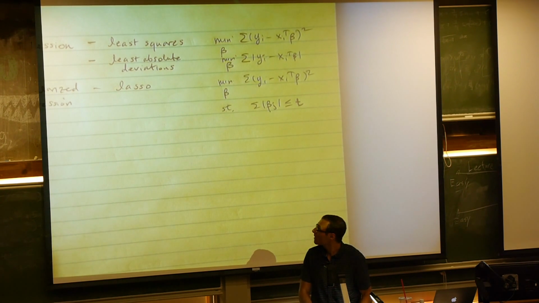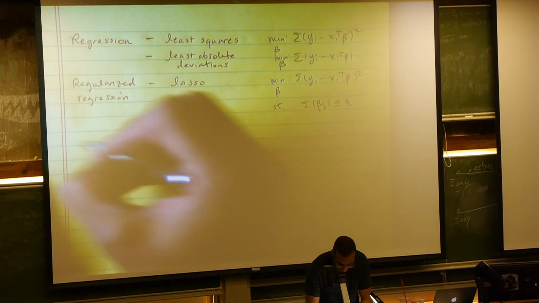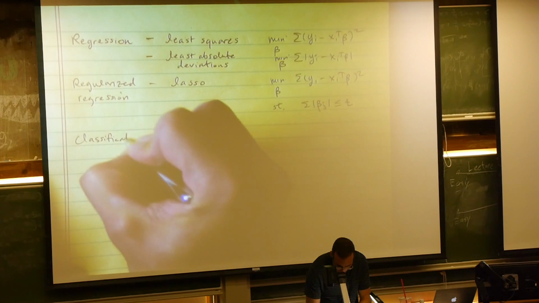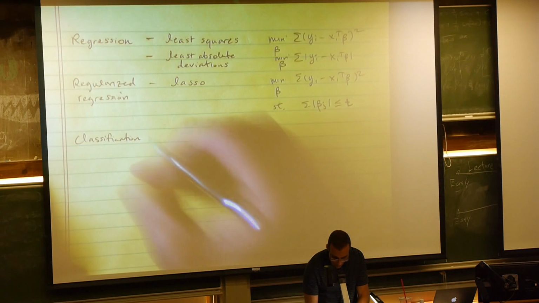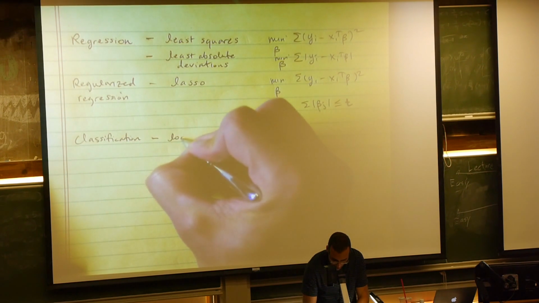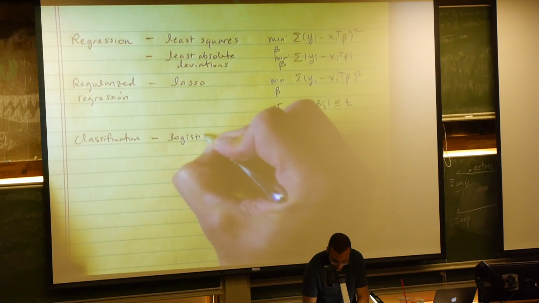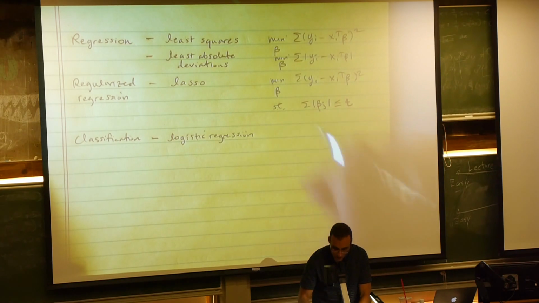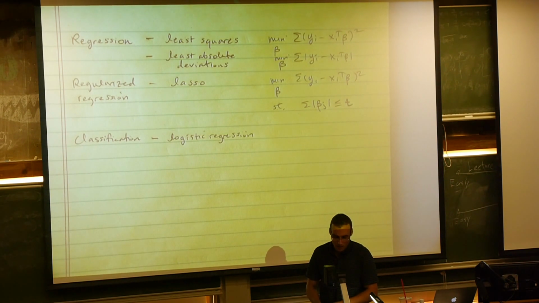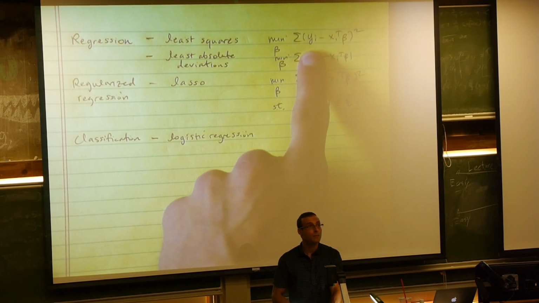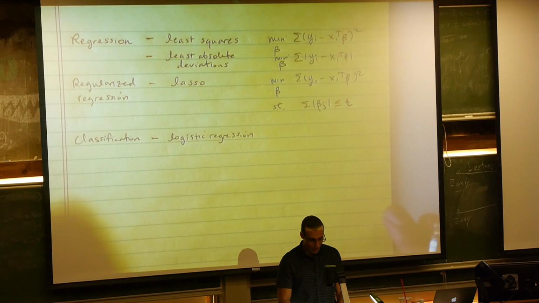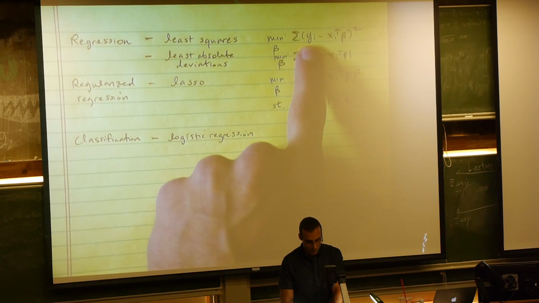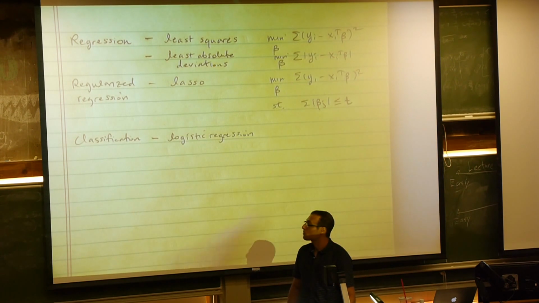Okay, so we're moving to classification. In classification, I'll write down first logistic regression, which is easier than what was just said. In logistic regression, y_i is binary, 0 or 1. So instead of trying to predict a continuous variable, we're trying to predict a label.